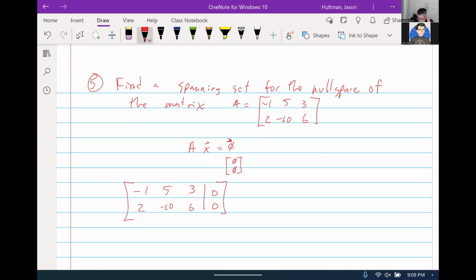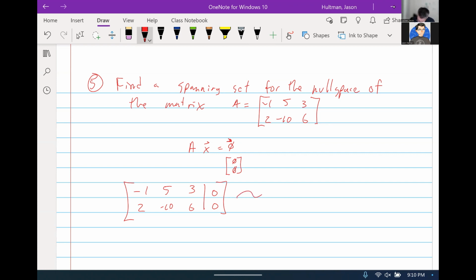And notice that the second row is just a multiple of the first row. And so those are dependent upon each other. They're linearly dependent upon each other. And so I'm actually going to be able to wipe out the second row and just make it a row of zeros.